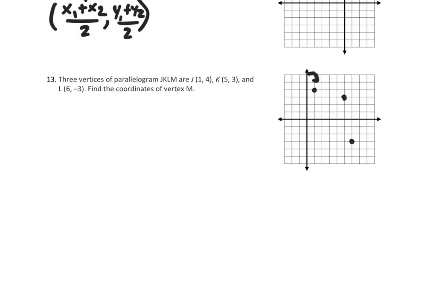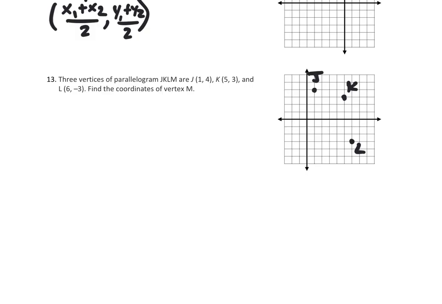So this is J, K, L. And I want to figure out where M is going to be. They give me 3, I got to find the 4th. And I will tell you this, there's more than one correct answer here, okay? You don't have to find all of them. All I'm asking you to do is find one more point that makes a parallelogram.